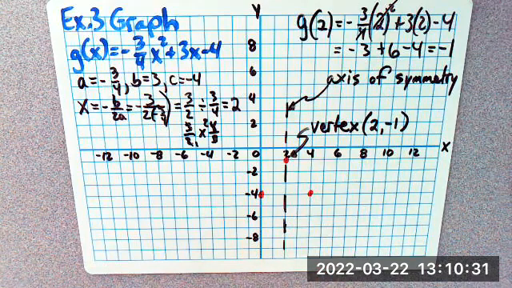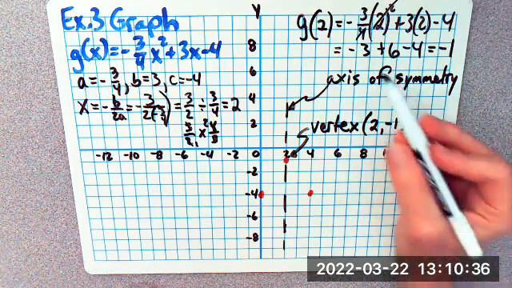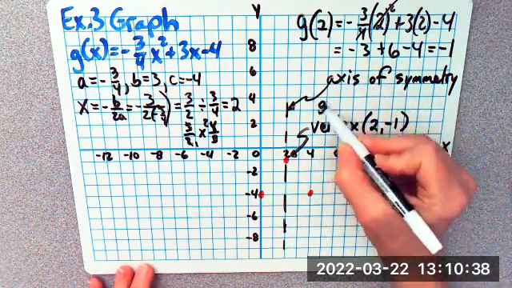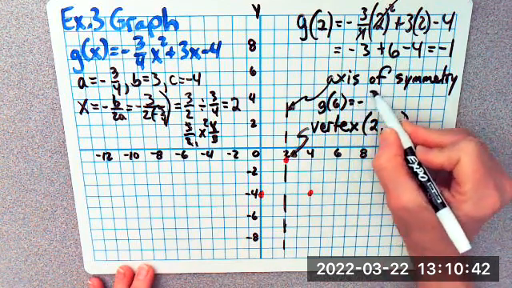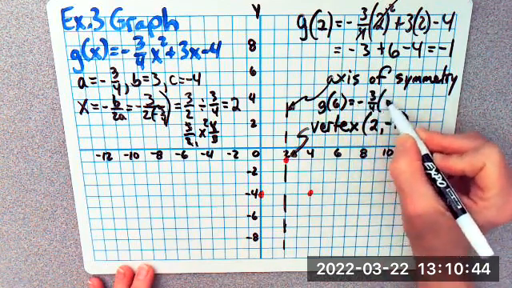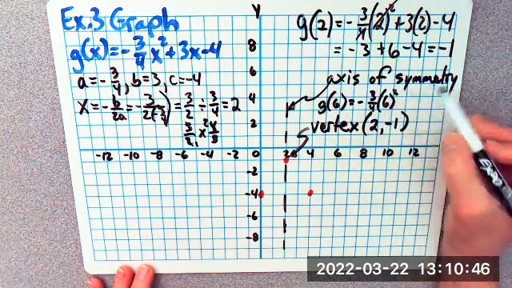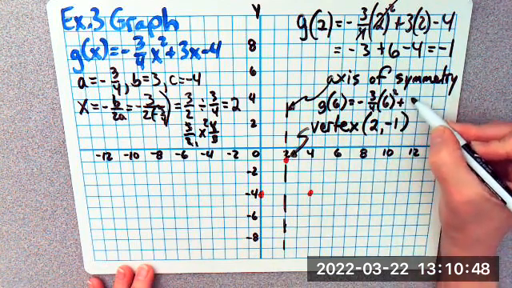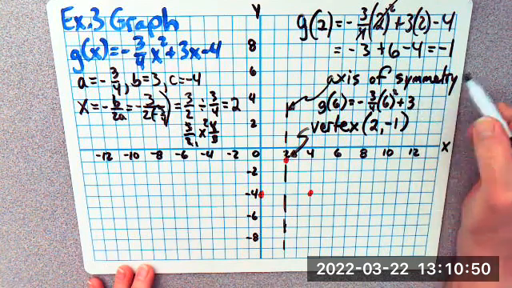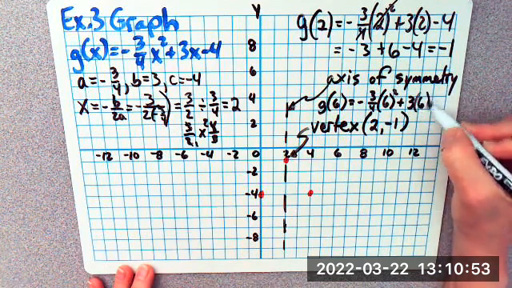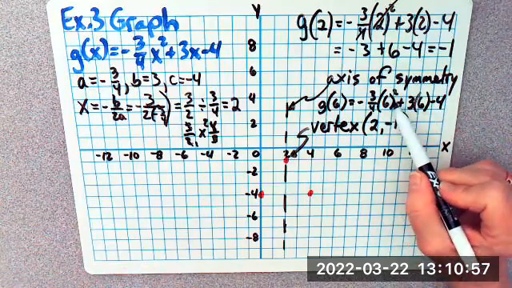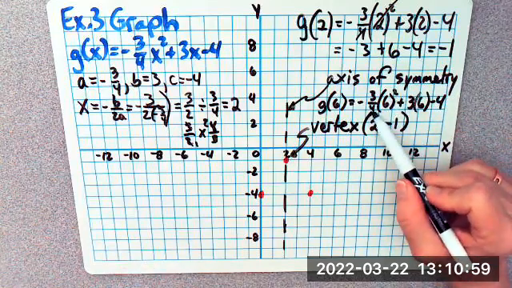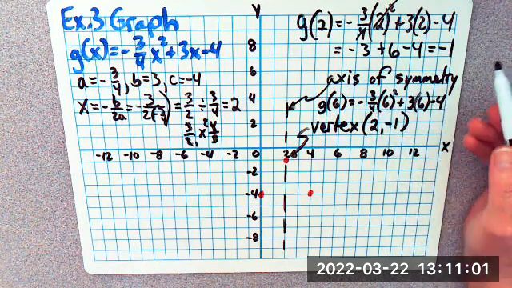So this could be one of those 3-point graphs I was talking about. So let's do g of 6 equals negative 3/4 times 6 squared plus 3 times 6 minus 4. Okay, 6 squared is 36, divided by 4 is 9.